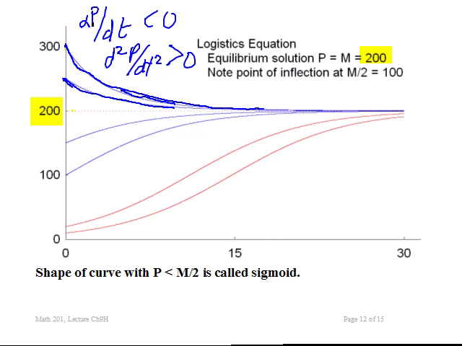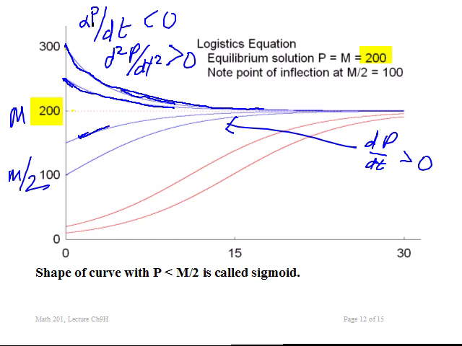Okay. Now we look here between, this is m, and this is m over 2. Remember, that was an important point here. If the value of the population lies between the carrying capacity and half the carrying capacity, so it lies right in here, then for this region, I'm going to draw an arrow, the first derivative was positive, so the values are increasing, but the second derivative was negative, so they're increasing in a concave downward manner. See that? Okay.